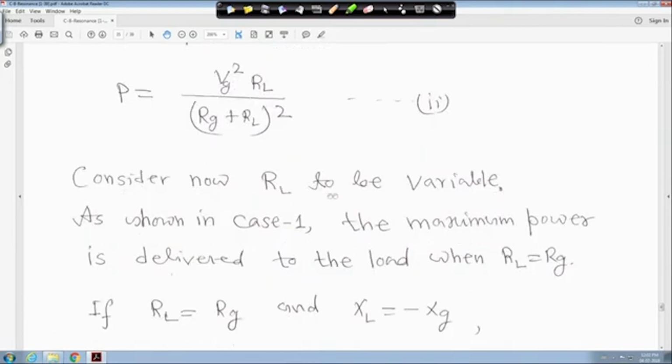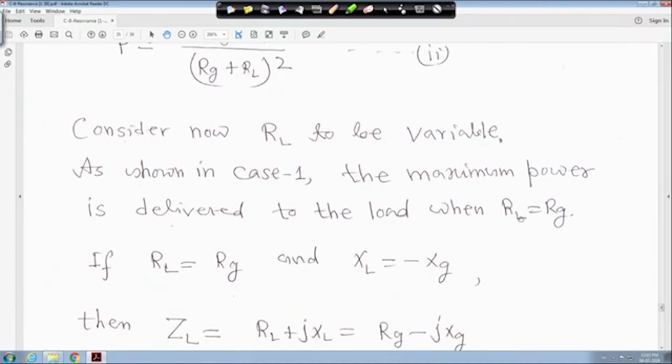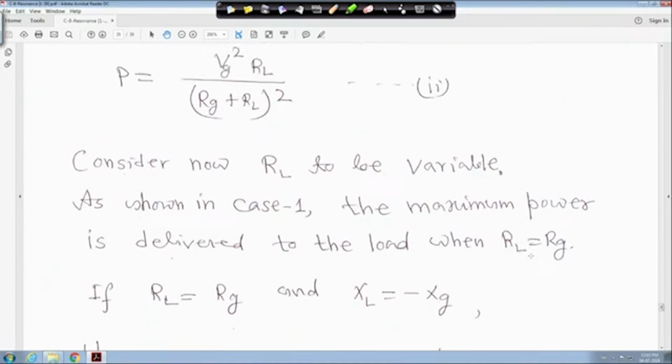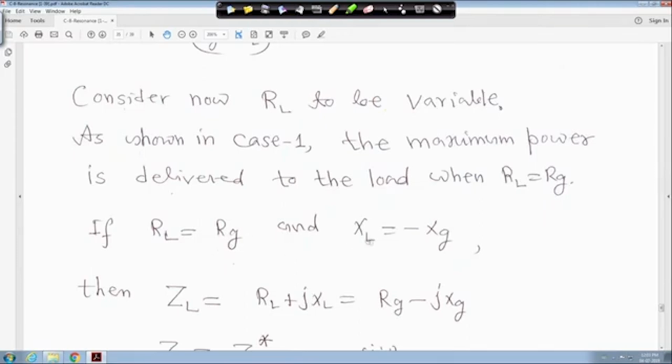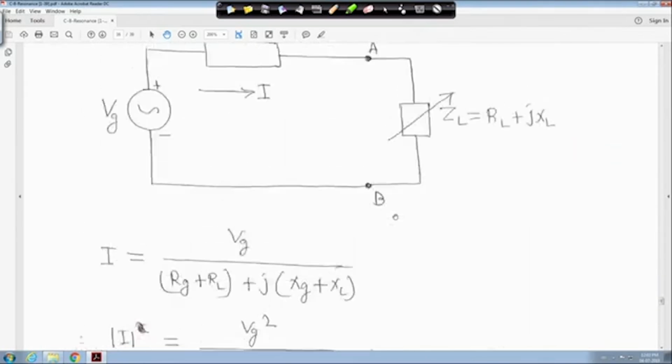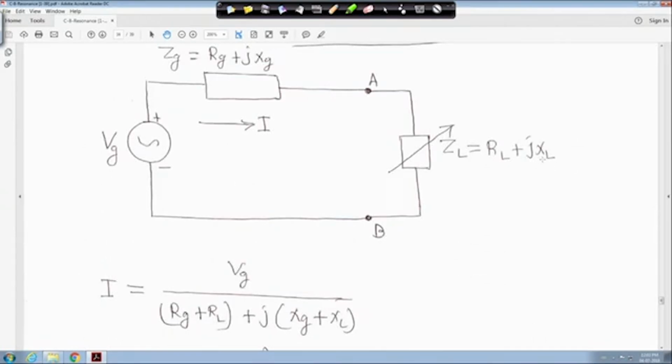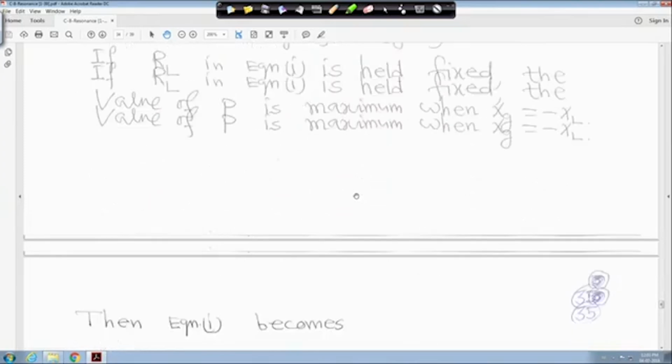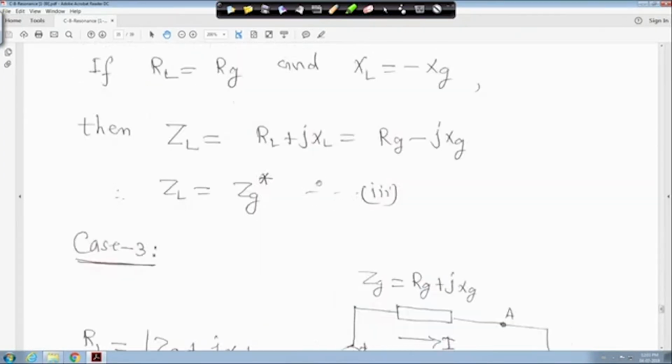Now if you consider R_L to be variable, the way you did in the DC circuit, as shown in case 1, the maximum power is delivered to the load when R_L is equal to R_G. If R_L is equal to R_G and X_L is equal to minus X_G, then ZL is equal to R_L plus jX_L. Putting X_L equal to minus X_G for maximum power transfer, ZL is equal to R_G minus jX_G.